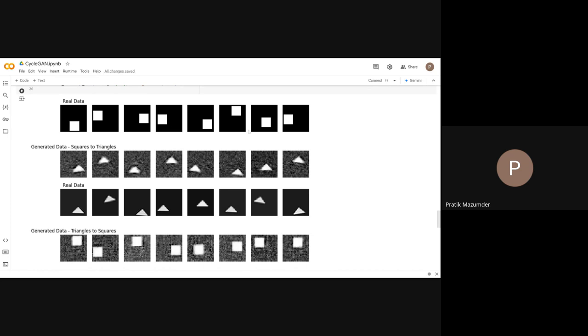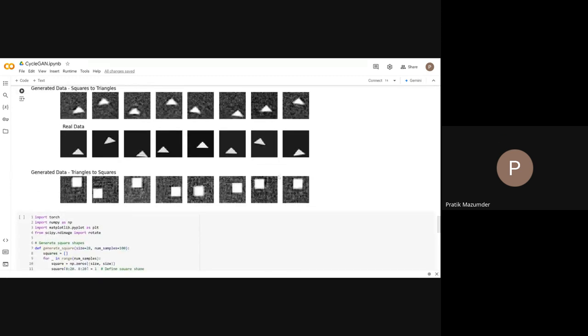But it is actually able to achieve a good translation from the square image to the other shape. Maybe if you use a convolution layer and optimize this much further, you will be able to obtain the exact translations as well.